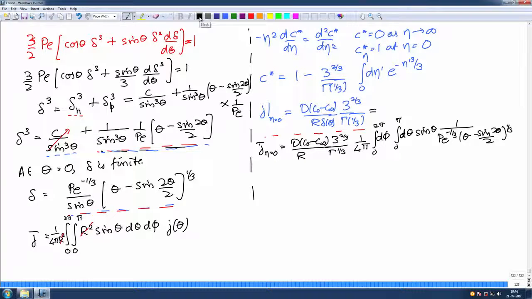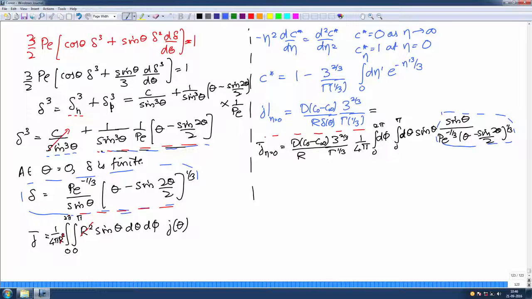And I have a sin theta on top, the expression for the boundary layer thickness. This one is just 1 divided by this boundary layer thickness that I had. 1 over delta basically comes into this angular integral.